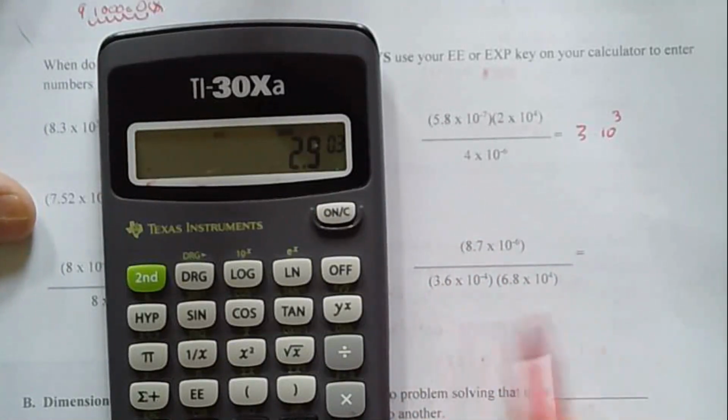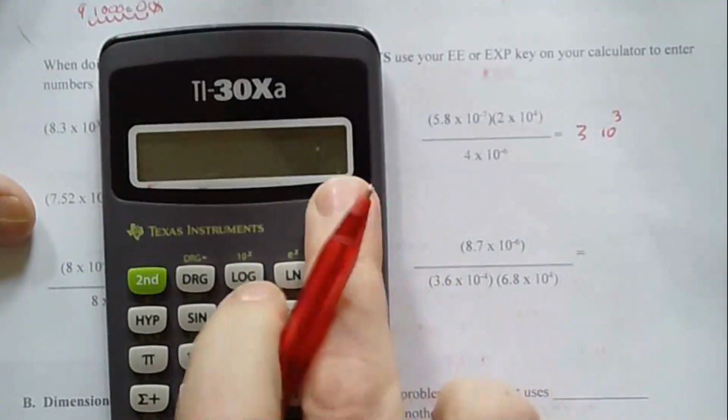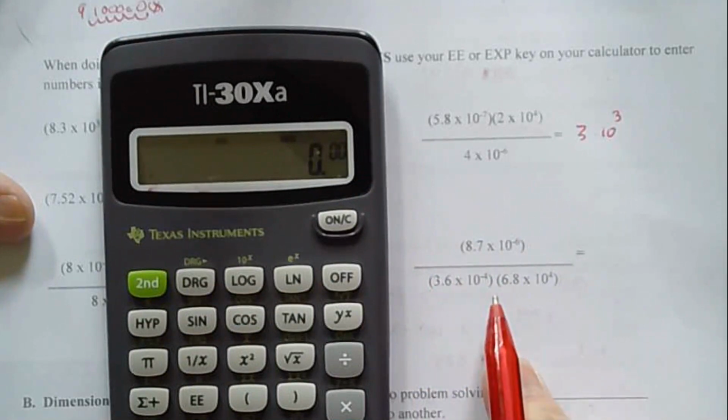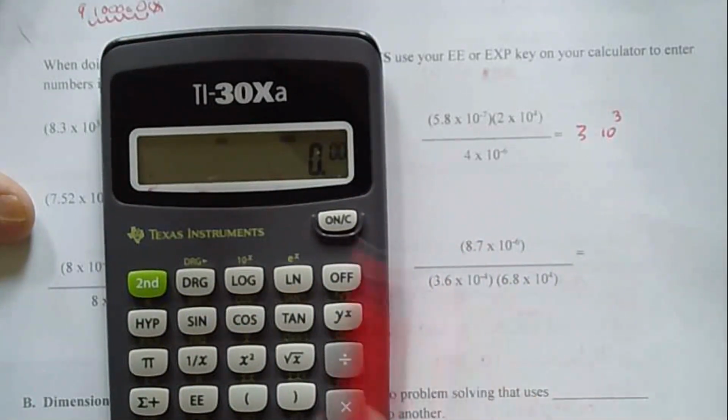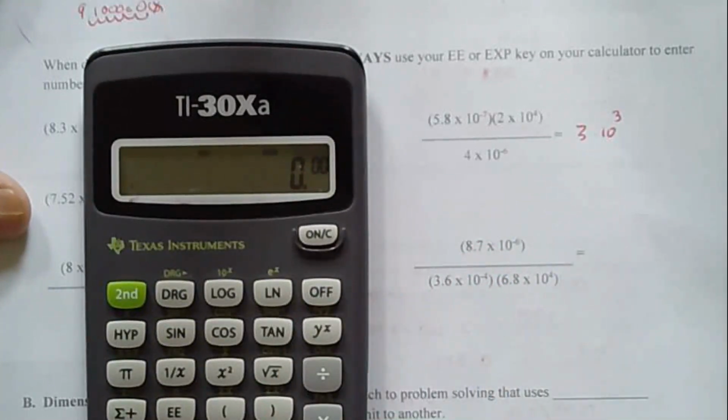Now this value here is where you're going to see if you know how to use your calculator or not. Because if you have the other style of Texas Instruments, you've got to be careful, and you may see in a second.